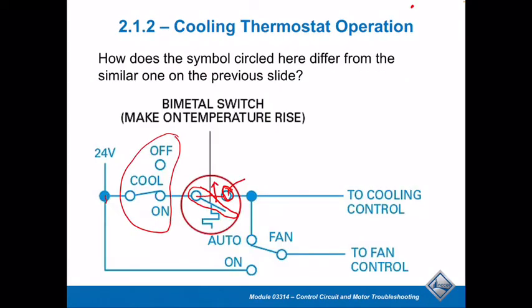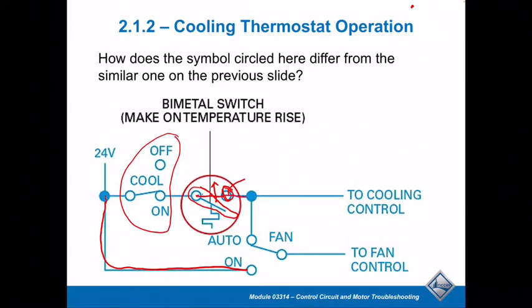That sub base will allow power to flow directly to the fan on auto switch. And of course, when you want the fan to run with the air conditioning, which is typical, it's important to note that when there is a cooling demand and this circuit closes, that would send power to the compressor circuit, the cooling circuit, and it would also send power to the auto terminal. So that auto terminal now would allow the fan to have power.